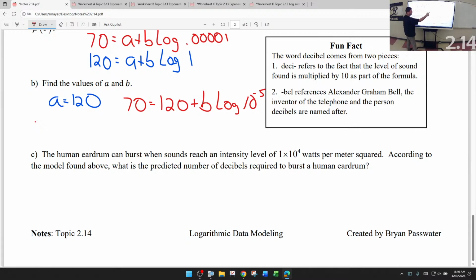So this is negative 5, and so that's B. And so I'm going to move the 120 over here, negative 120. I got to subtract it: negative 50. Divide by negative 5.